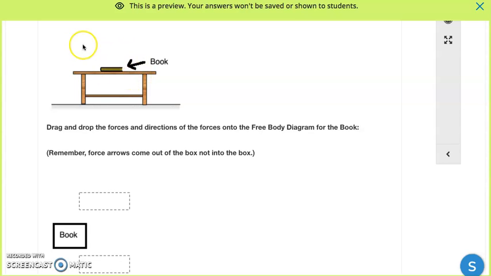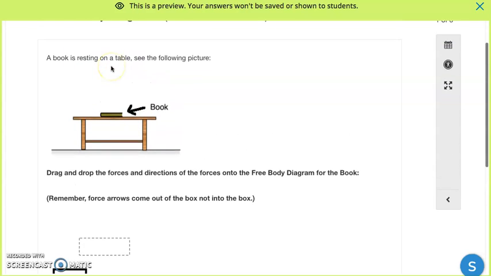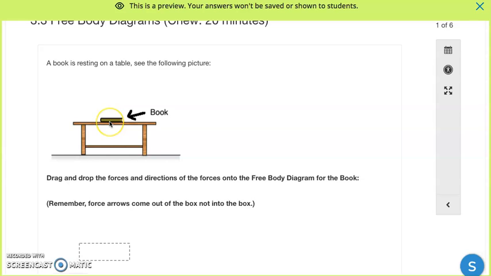So first off, for every single one of these, you want to think, this object, what objects is it interacting with? The book is interacting with the table, because it's sitting on it. And the other object that the book is interacting with that you might not normally think about is the whole Earth, the planet Earth.